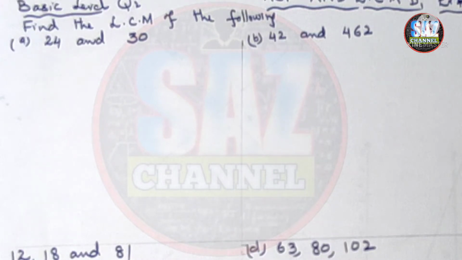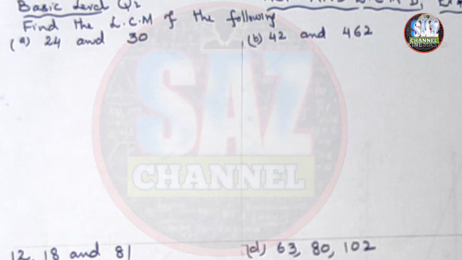I will be picking up any one of the methods, but as in most of the O-level examinations, the question of LCM and HCF comes with the prime factorization. So I will be preferring the prime factorization, and recall what to do for the LCM, least common multiple.